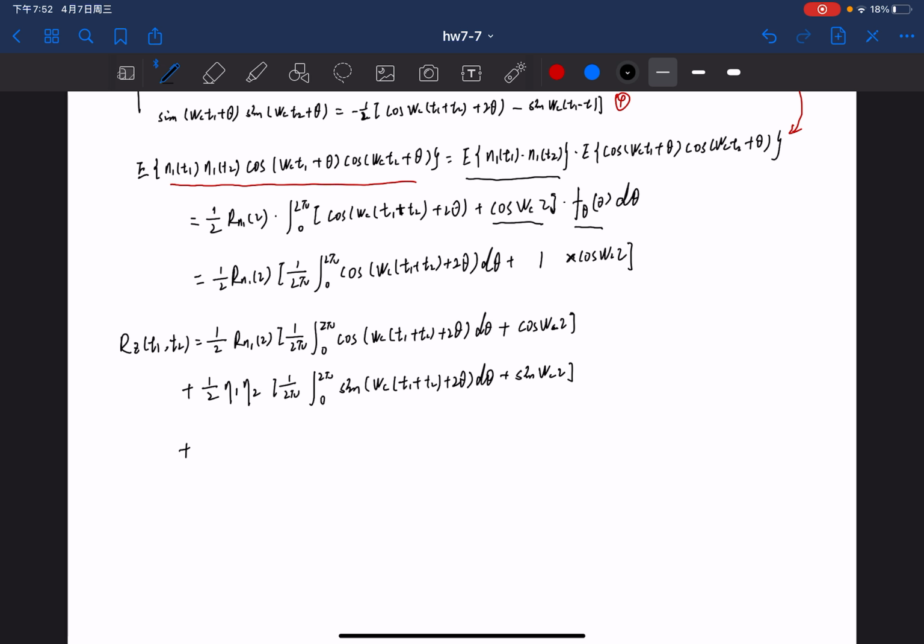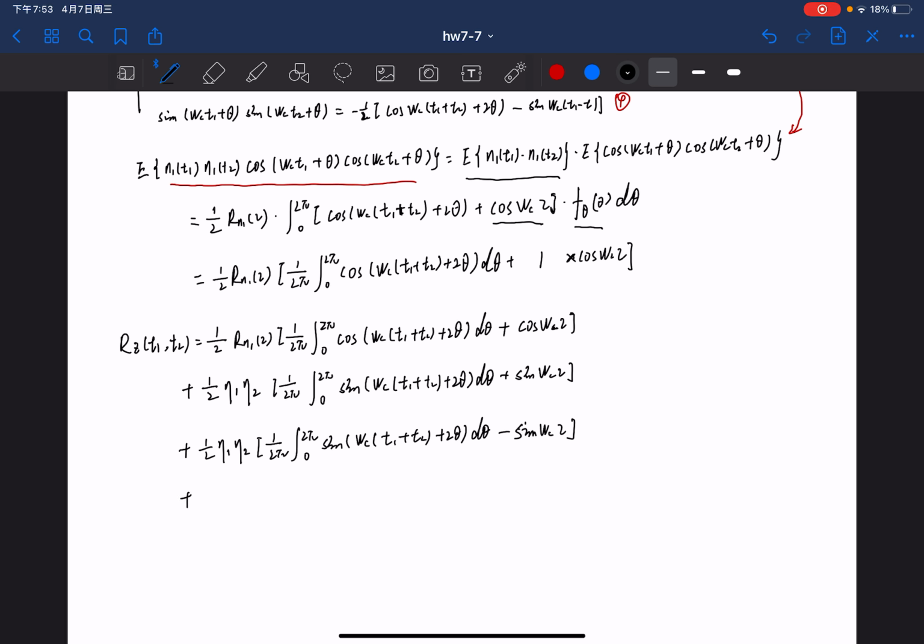And the third part is 1 divided by 2 eta 1 eta 2, times 1 divided by 2 pi integral from 0 to 2 pi of sin omega_c (T1 plus T2 plus 2 theta) d theta, and minus sin omega_c tau.